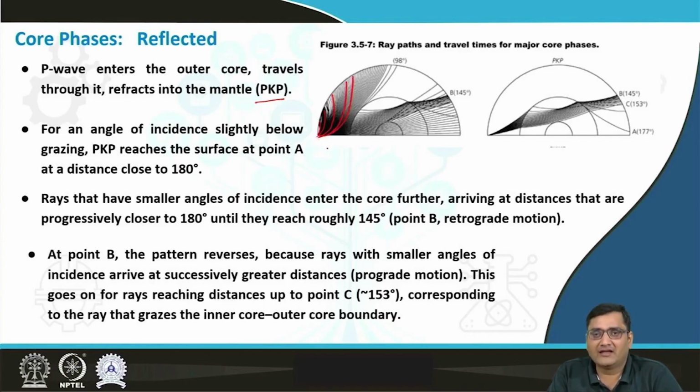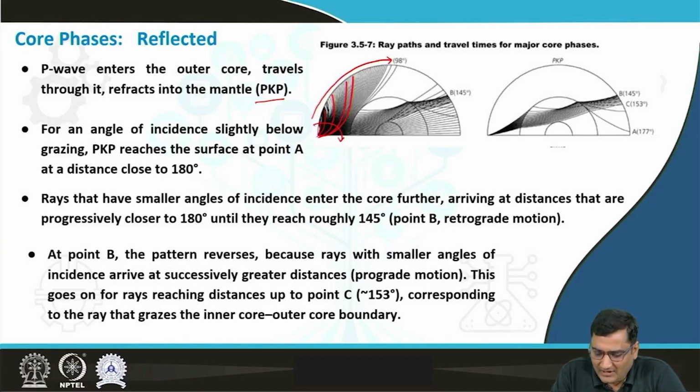That means they have progressively smaller takeoff angles and hence larger distances at the surface. When you go from here to here, the takeoff angle is decreasing, but the distance it travels on the surface will be larger. So up to 98 degrees, the direct P wave will be observed, and after you increase the angle even a little bit, it will start to graze the outer core and the mantle boundary.